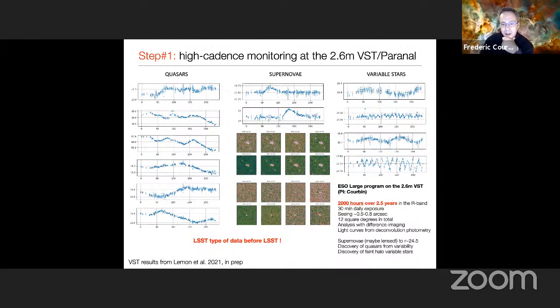So we use difference imaging to analyze this. So you see here the differences between different epochs. So you see a time series of a small galaxy with a supernova, and that's the pairwise difference of the images at the same dates. And you see the supernova blowing up here. But it's very faint. This one is like down to 24th magnitude.